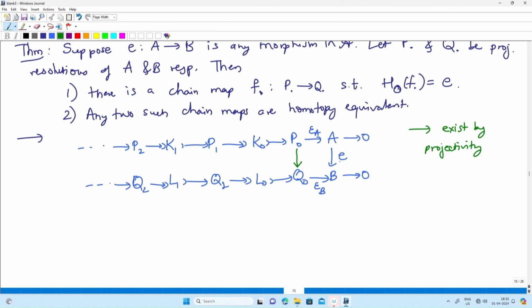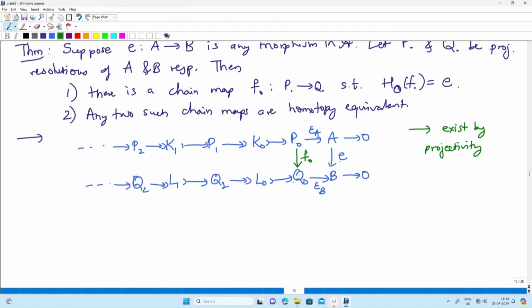Now, it's not just this. So let us call this F0. Okay. This is F0. Now what happens? See this. K0 to P0 to A. That composition is 0 because K0 is precisely the kernel of epsilon sub A. So therefore this composition is 0. So if you go along E further, then that is also 0.